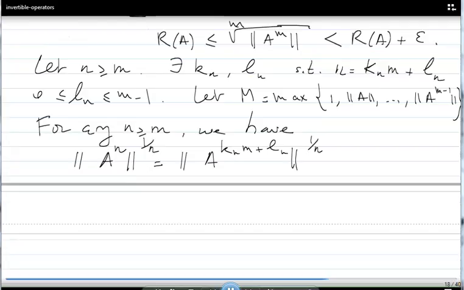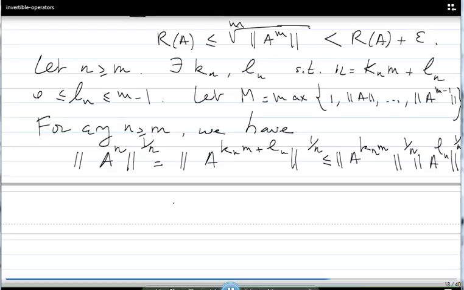Which is less or equal, by composition of norms, the norm of A to the power k_n m, to the power 1 over n, times the norm of A to the power l_n, to the power 1 over n.